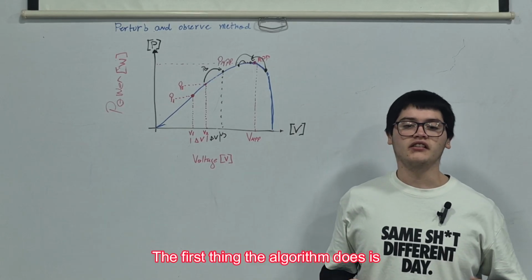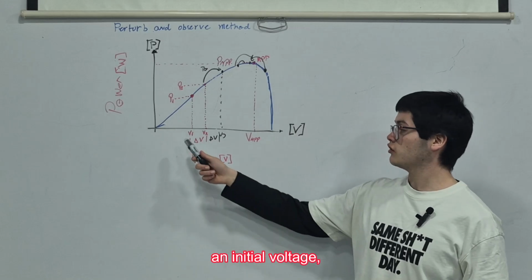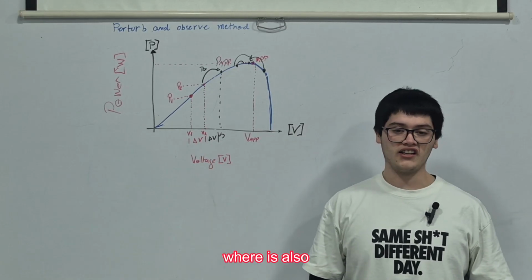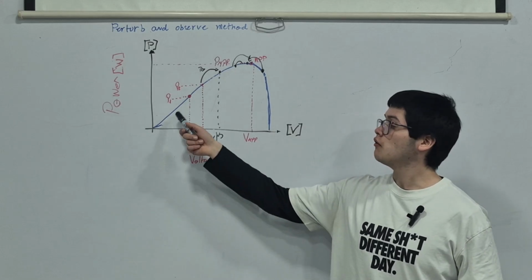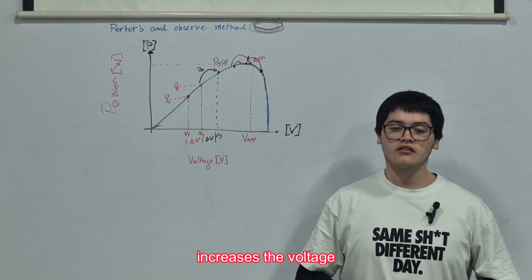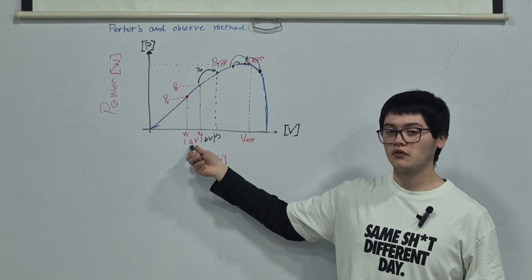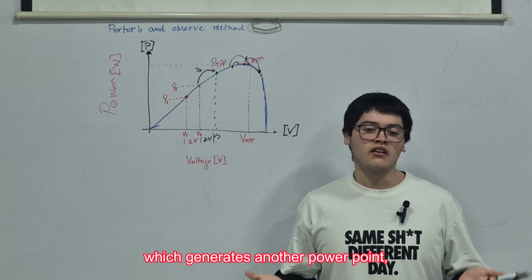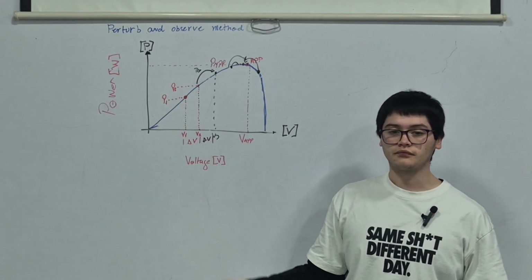The first thing the algorithm does is establish an initial voltage, V1, where it also gets an initial power, P1, and then increases the voltage by a difference of voltage, which generates another point, V2 and P2.